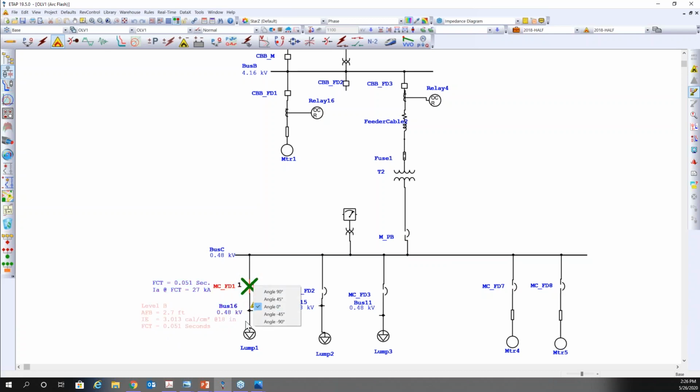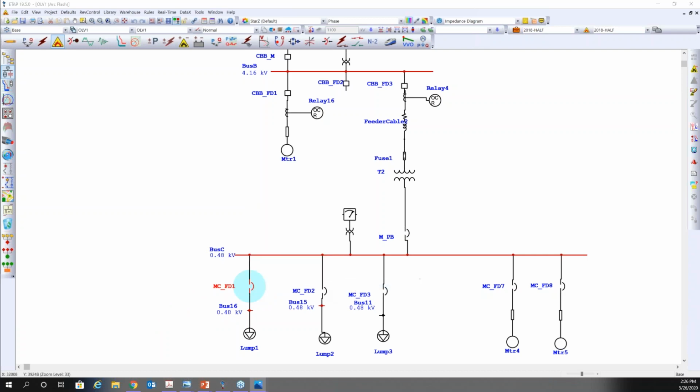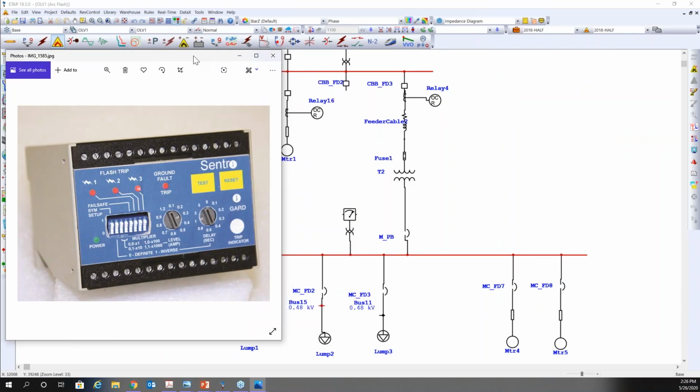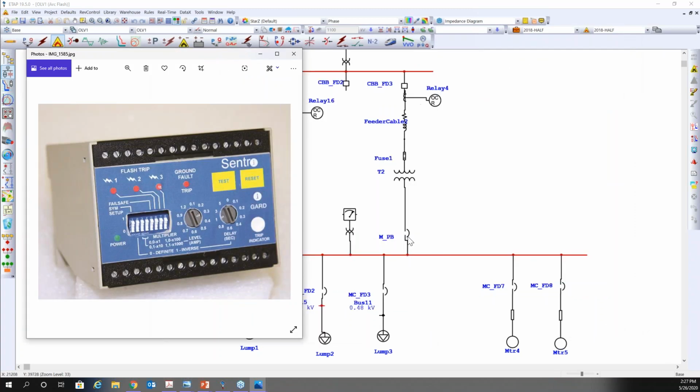And the difference is we're using the Sentry relay. With the Sentry relay, we can place a fault or a light sensor in the cable compartment and only open the local breaker. However, if that fault was on the main bus, we would have to open up the main breaker.